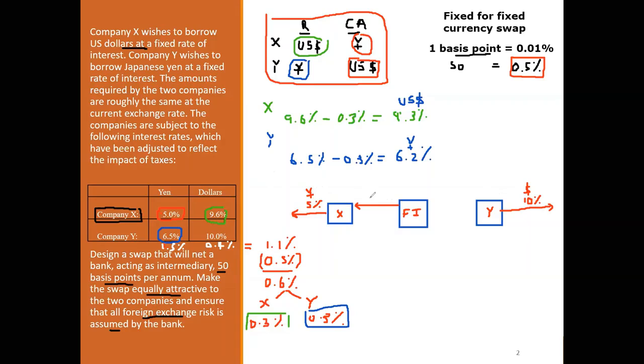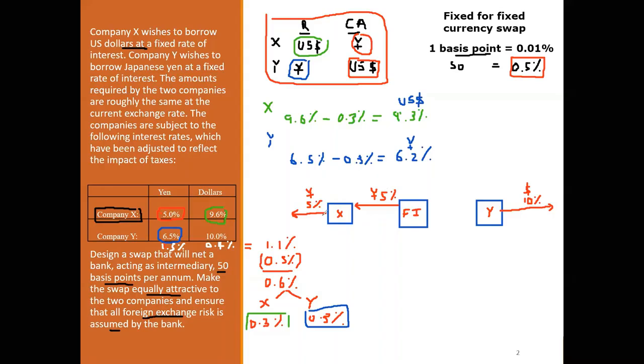So if X is getting this amount from the financial intermediary, X is not having any transaction in yen, right? So if X is getting 5% on the yen amount from the financial intermediary, then this cost of X will cancel off. So far, no cost to X.